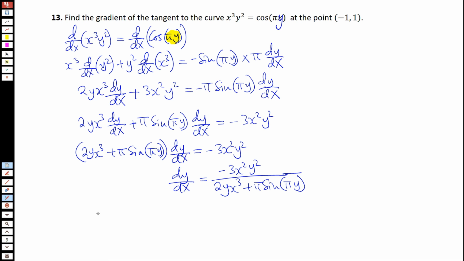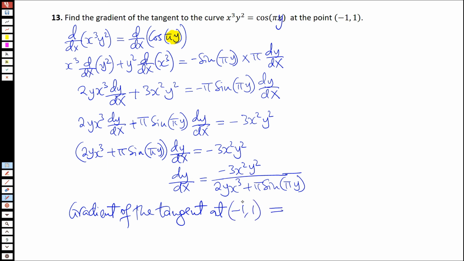So the gradient of the curve at (-1, 1), which is basically the gradient of the tangent at (-1, 1), will be equal to, so basically we plug (-1, 1) into this equation in place of x and y.